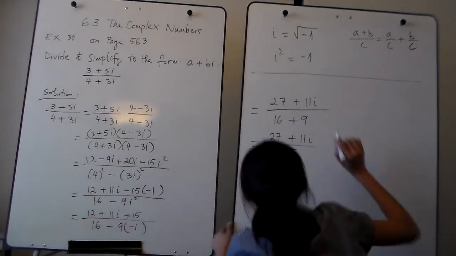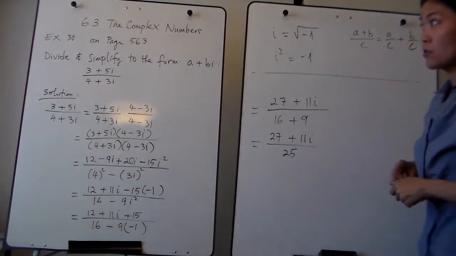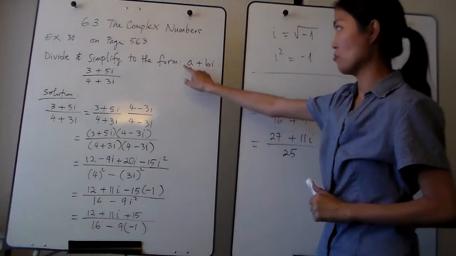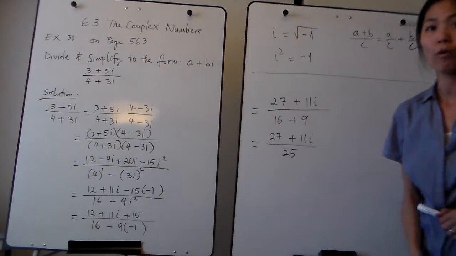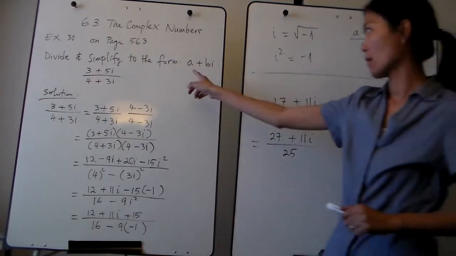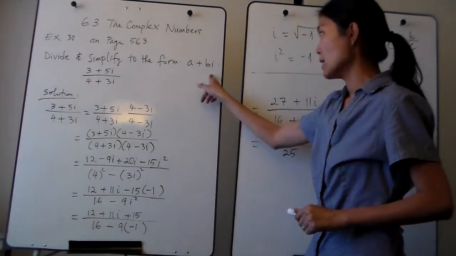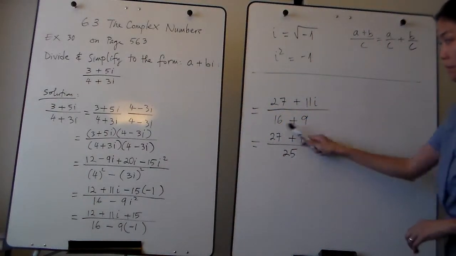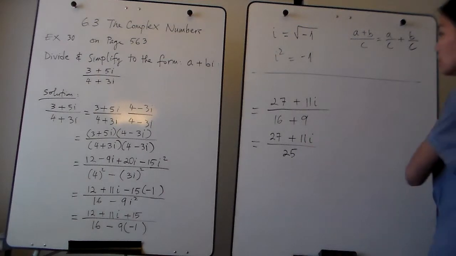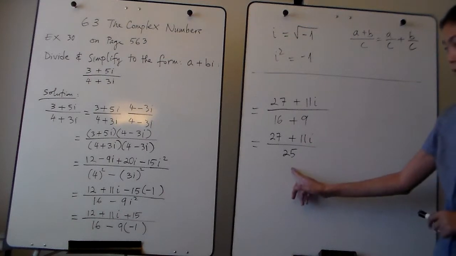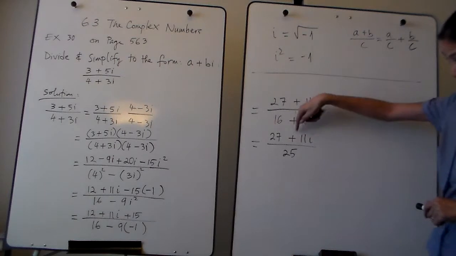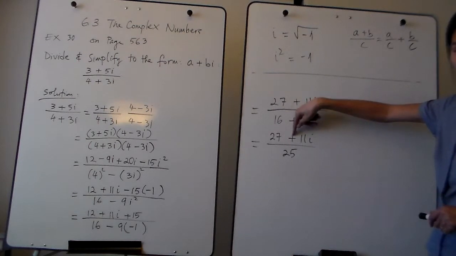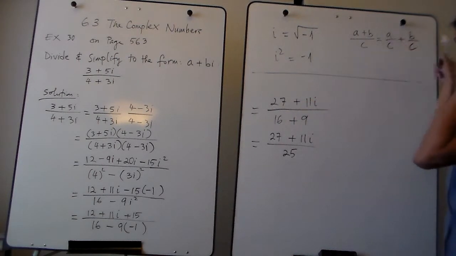Now, you're not done yet because they asked you to simplify the answer to a plus bi, where you have two terms, a real number and an imaginary term. What you got here is only one term, one fraction or one quotient. To split the fraction into two terms, with addition in the middle, you use this formula.